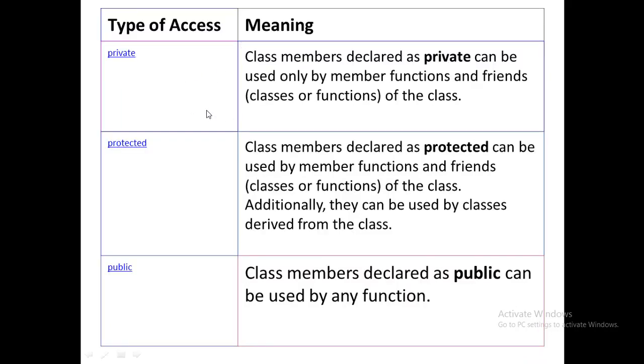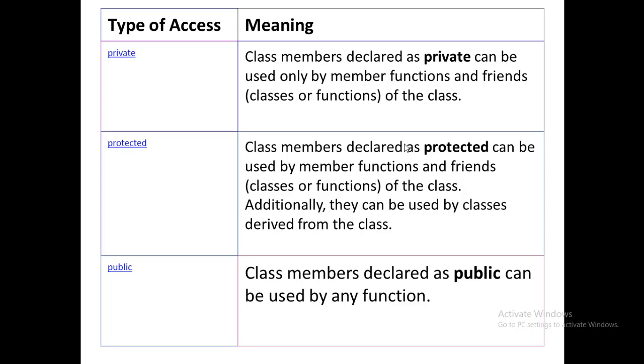So what type of access do these access specifiers provide? Private: class members declared as private can be used only by member functions and friend classes or functions of the class. No other function or class can access them.